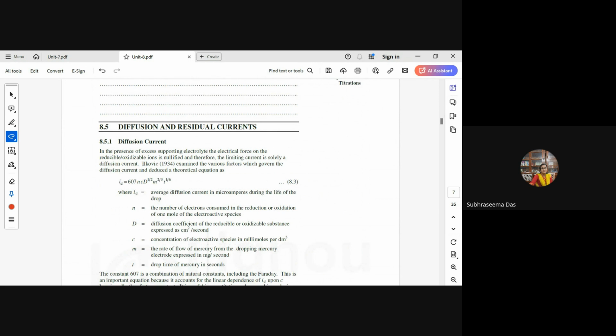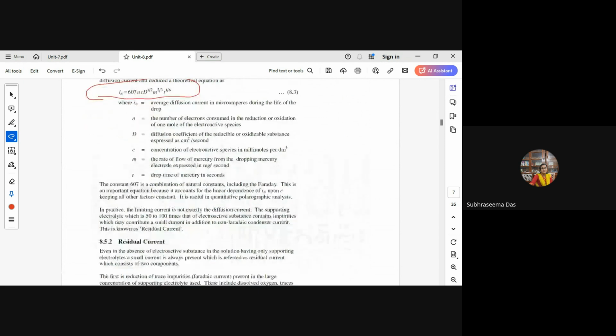Now coming to diffusion and residual currents. Consider the diffusion current in the presence of excess electrolyte, almost 100 times the reducible or oxidizable species. The electrical force on the reduced or oxidized species is nullified, and therefore the limiting current acts only as a diffusion current. Ilkovic examined the various factors that govern this process and deduced a theoretical equation given as equation 8.3.